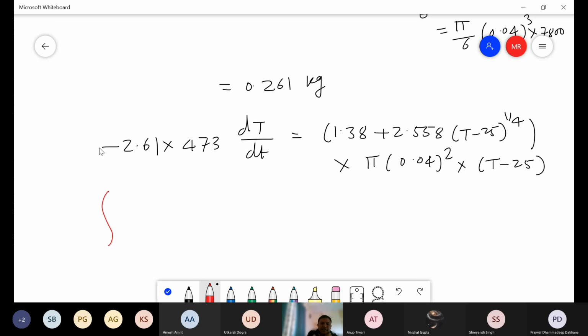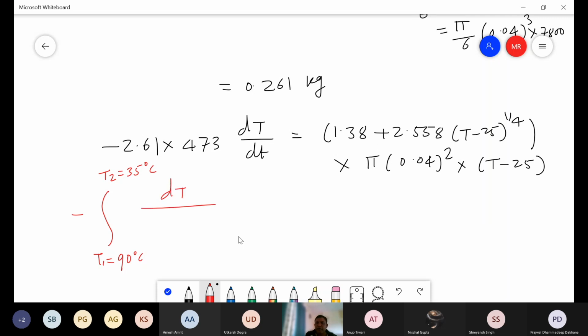That minus sign is there, so we will have this minus sign outside. The initial temperature T1 is 90 degrees Celsius, T2 will be 35 degrees Celsius, and inside you will get dT and the simplified part of this.